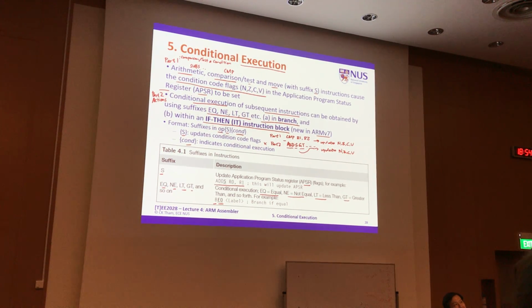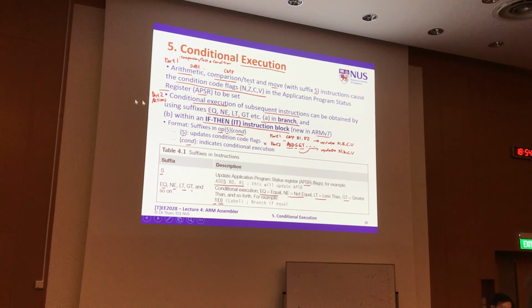Now the execution part: the relationship that you are interested in, less than, greater than, equal, is combined together with the instruction that you want to execute. So the first part is this, then the second part is this, okay?